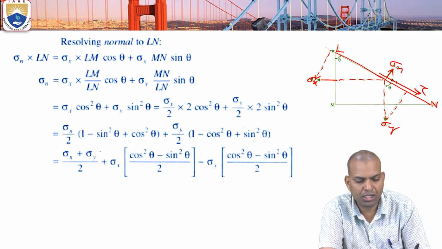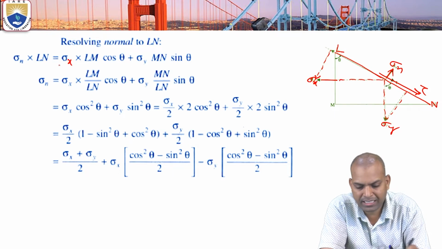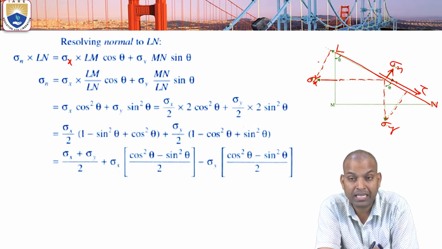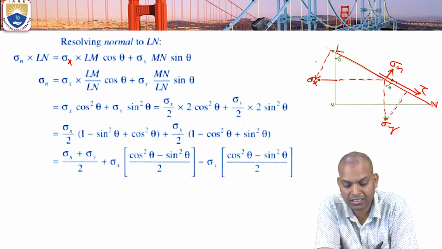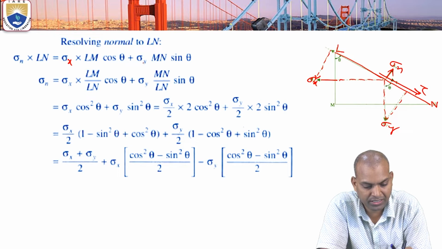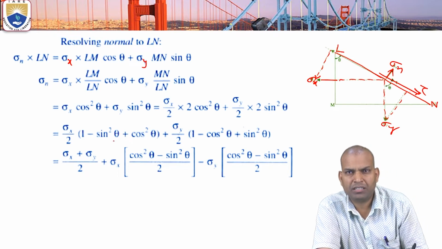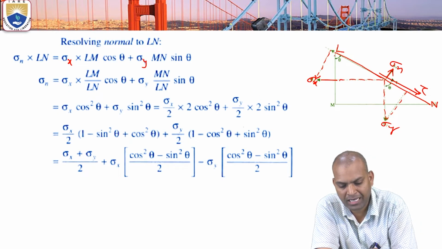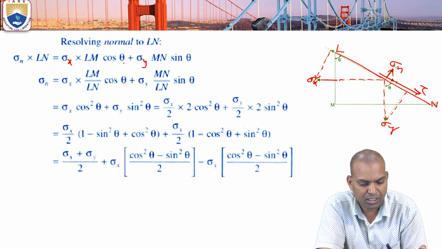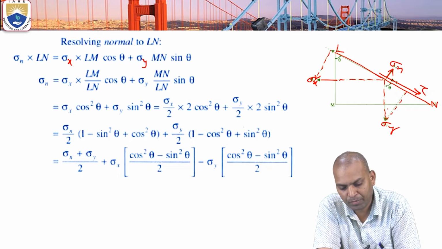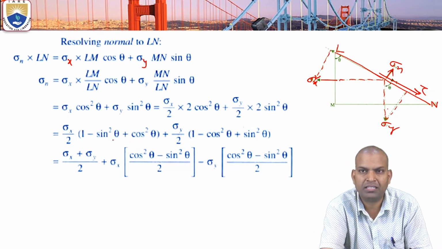Sigma n into LN equals sigma x times, normal to that, sigma x cos theta, and the cross section, that is LM. Sigma x into LM cos theta plus sigma y times MN sin theta.